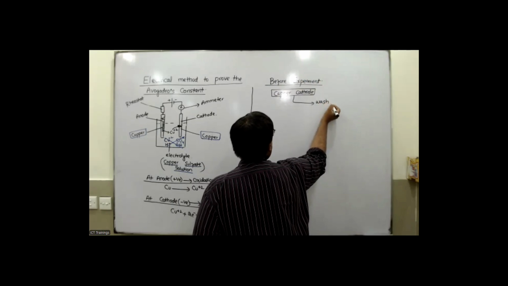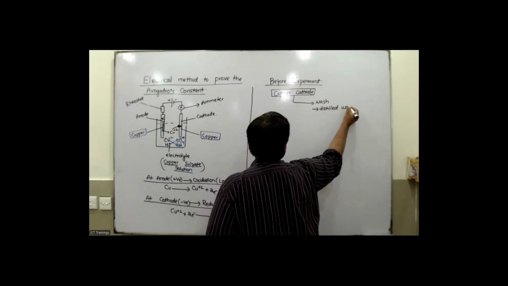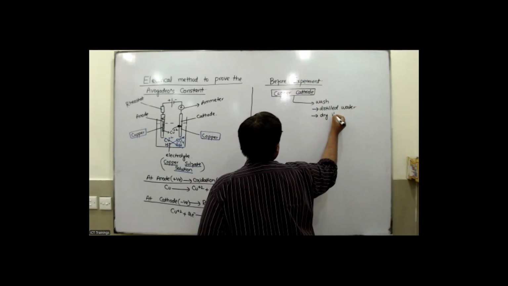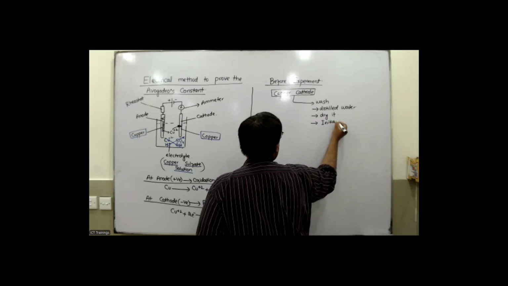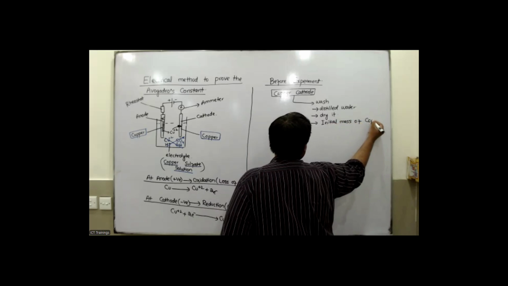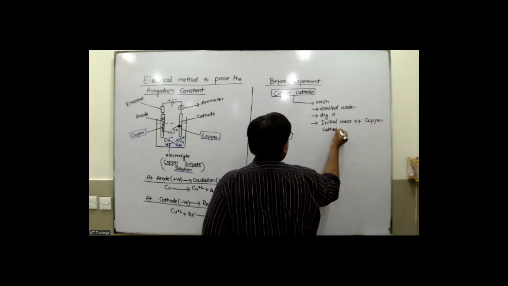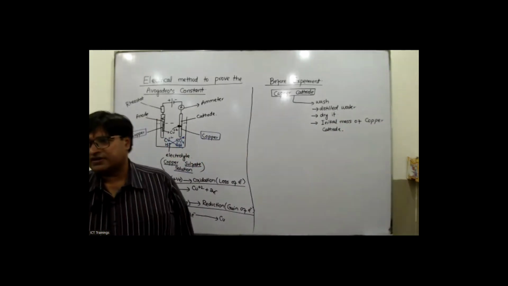We have to wash this copper cathode with distilled water, then dry it, and then take the initial mass of the copper cathode.